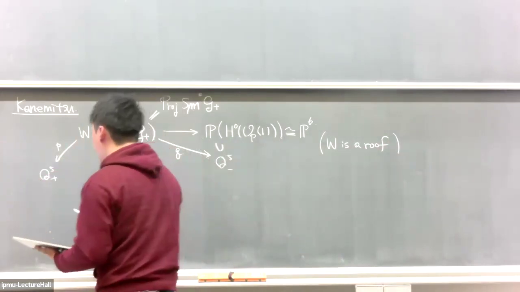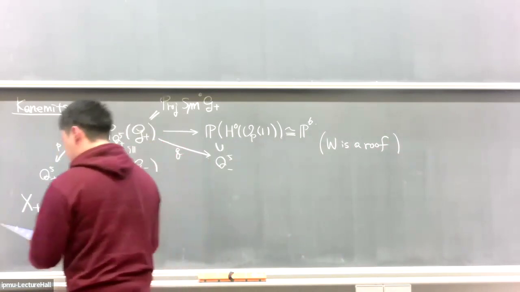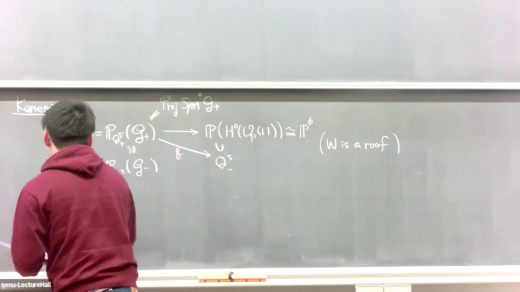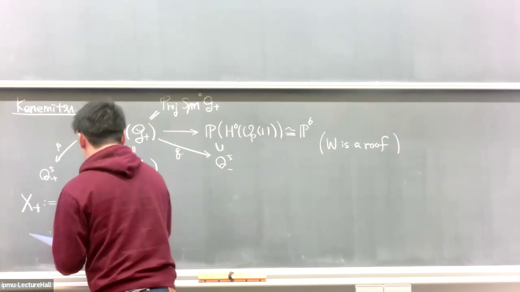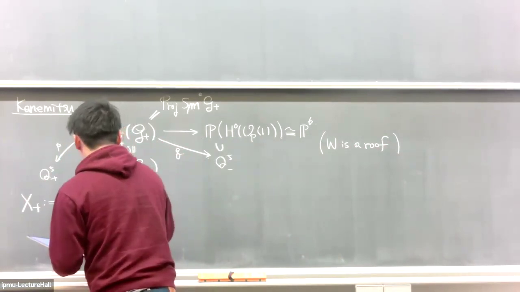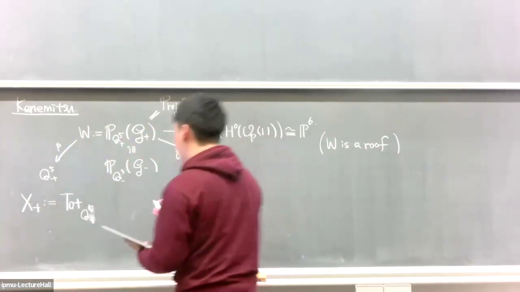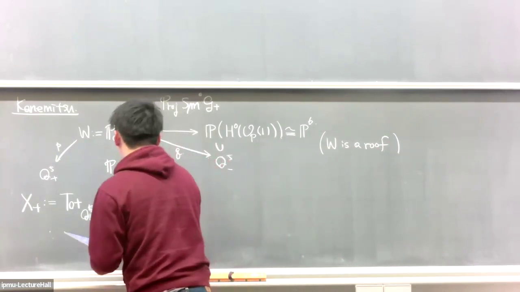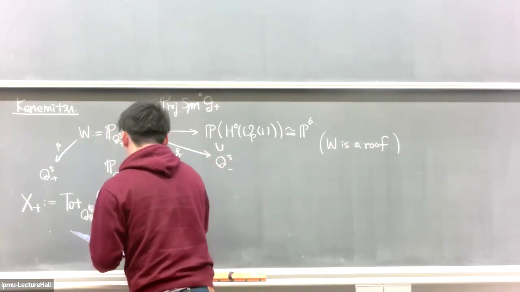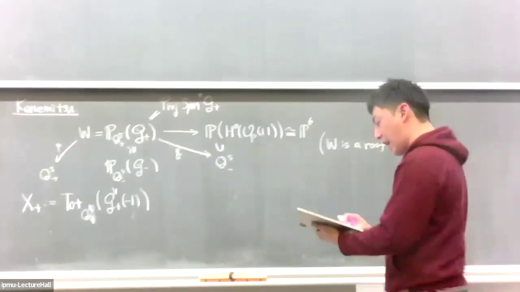For the truth, we consider two varieties. The first one is the total space, a five-dimensional quantity, and the bundle is the dual of the Ottaviani bundle minus one.